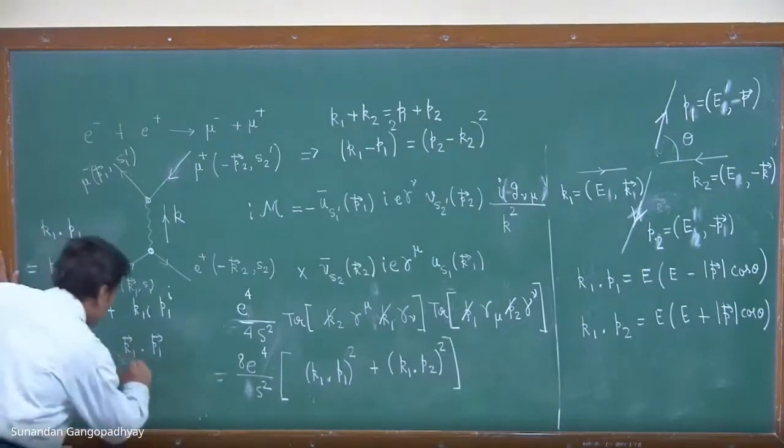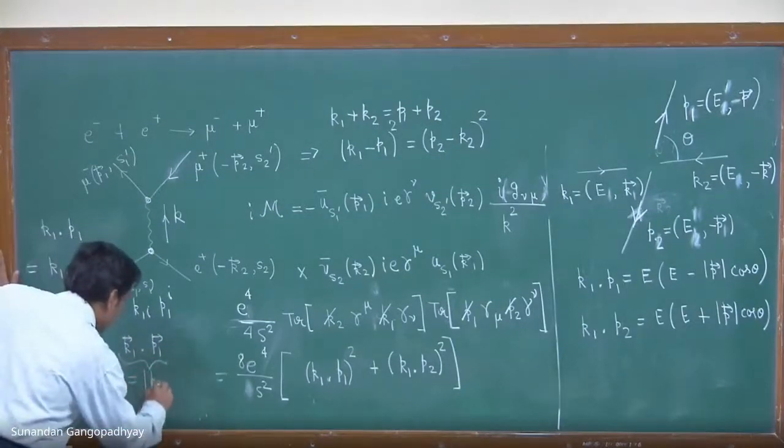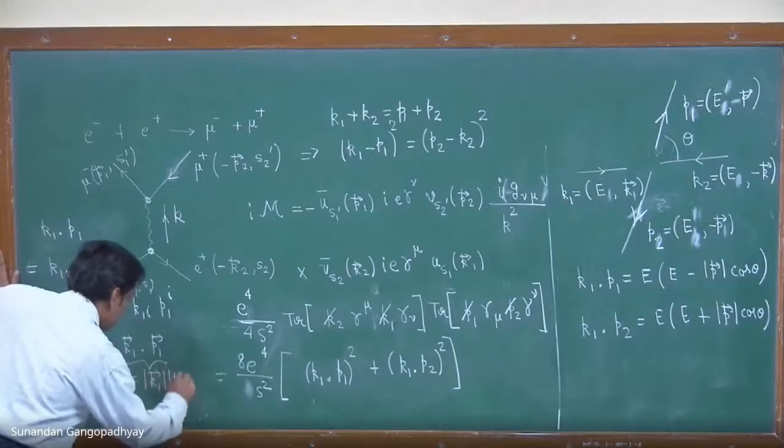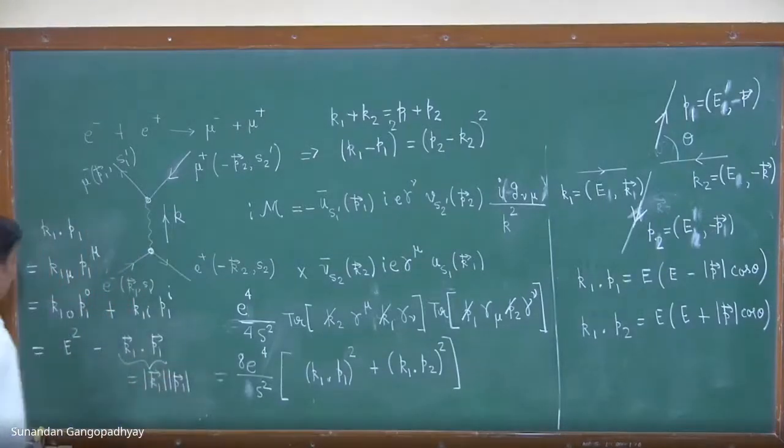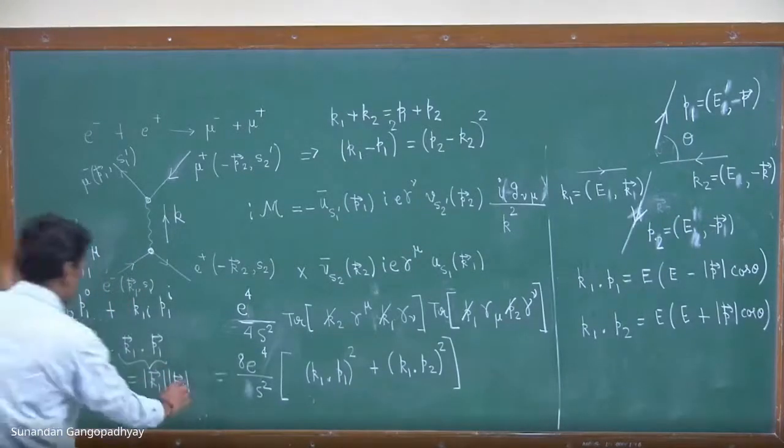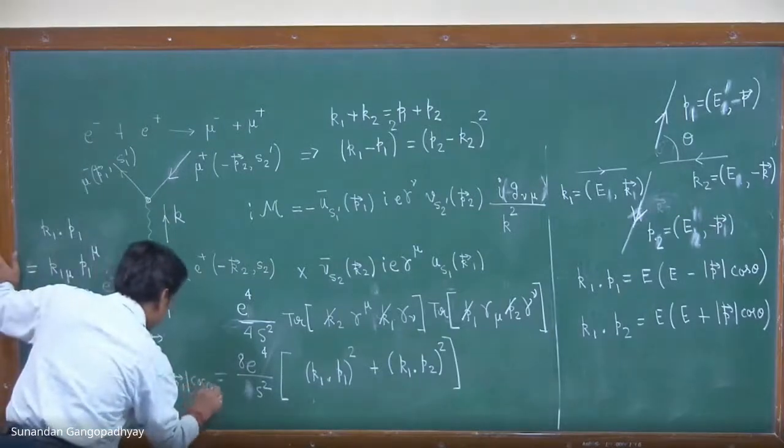But what is K1 vector dot P1 vector? It is modulus of K1 vector, modulus of P1 vector times cos theta.